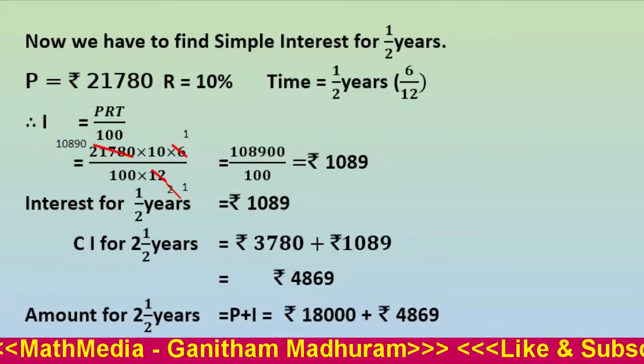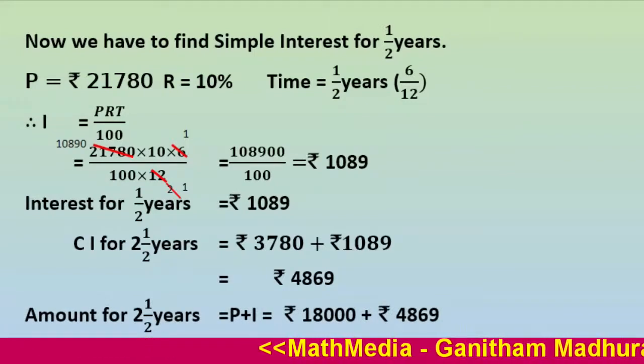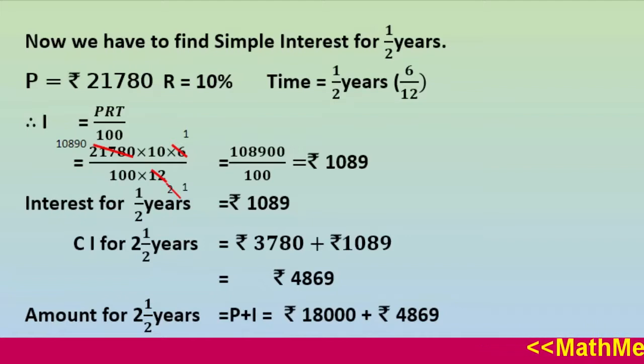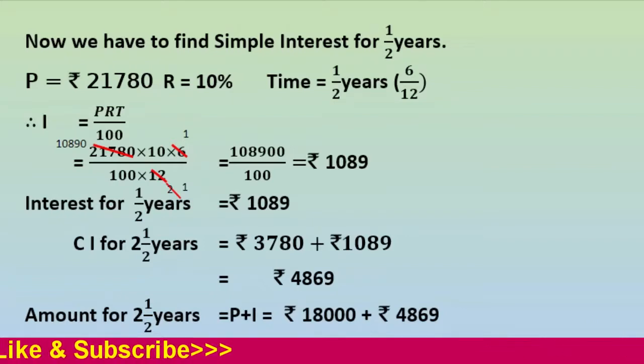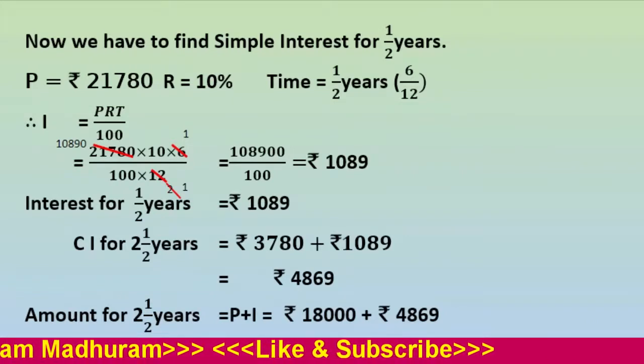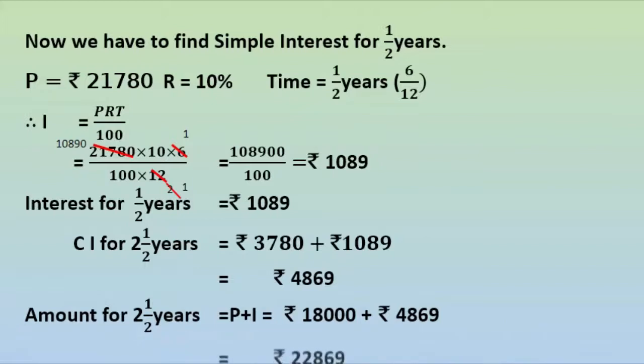Amount equal to P plus I. Our P is 18,000 plus rupees 4,869. So the compound amount for 2.5 years is 22,869. Is it clear?